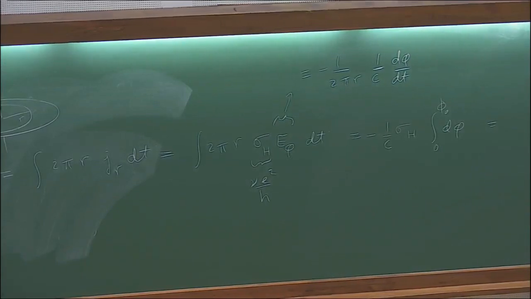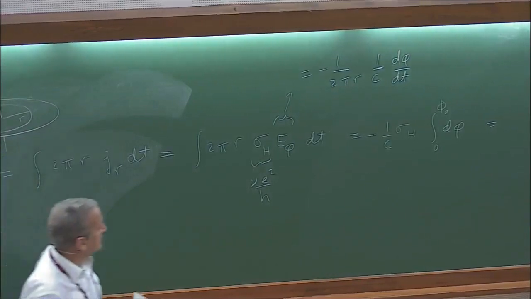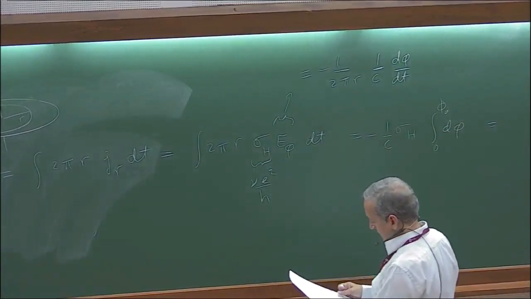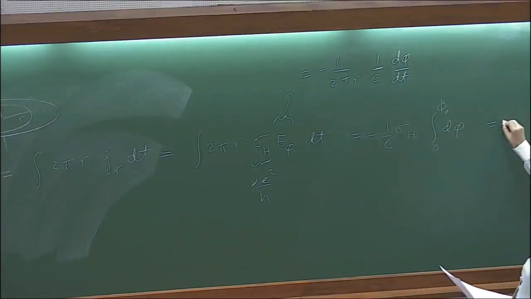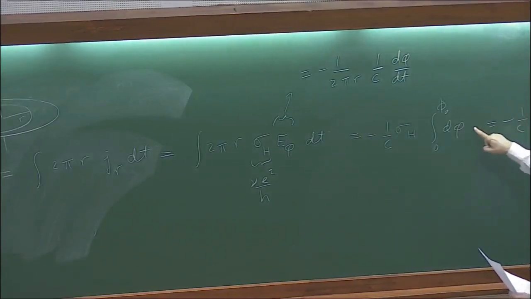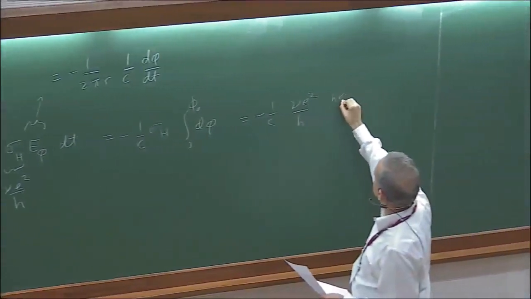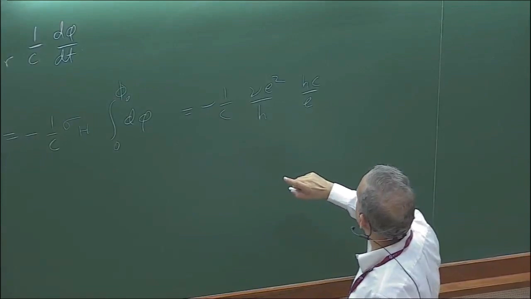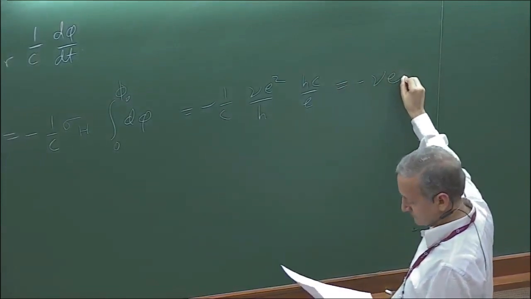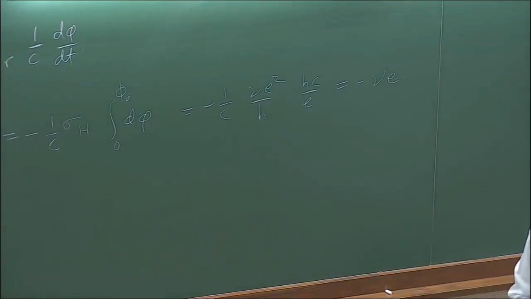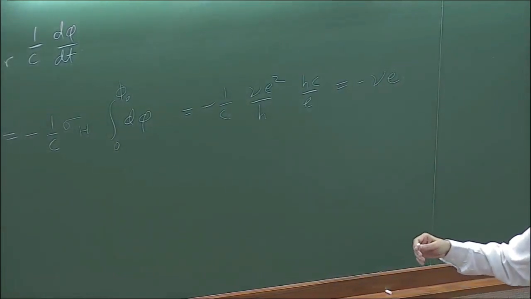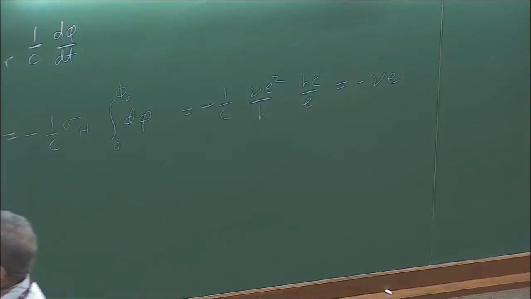So I substitute for sigma_H, I have nu e squared over h, I have phi naught, which is hc over e, and this gives you, okay, this amount of charge goes out, and therefore the charge of the quasi-hole is some positive charge that's given precisely by nu.